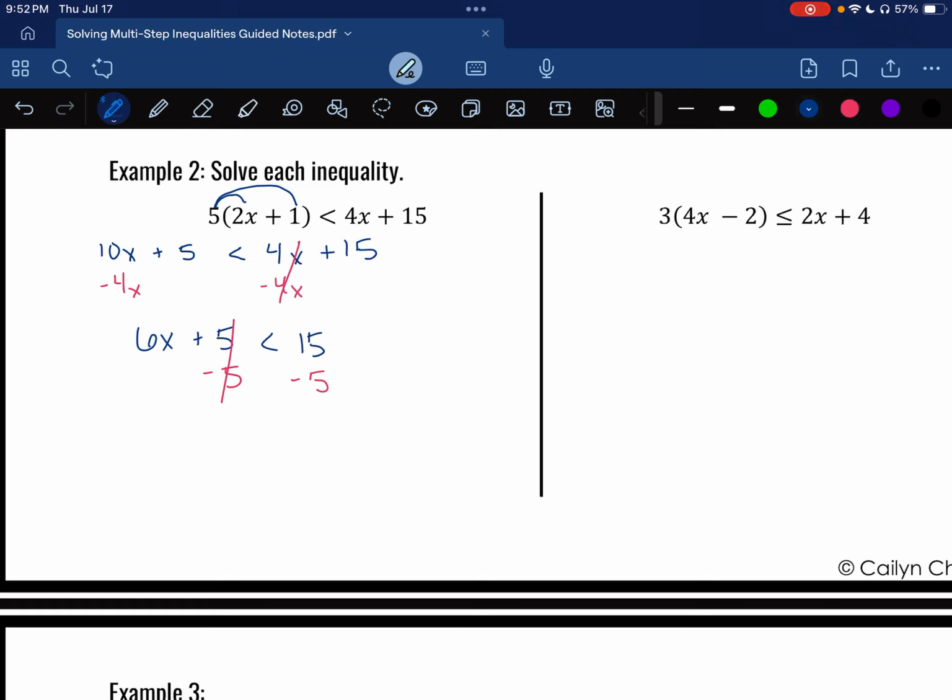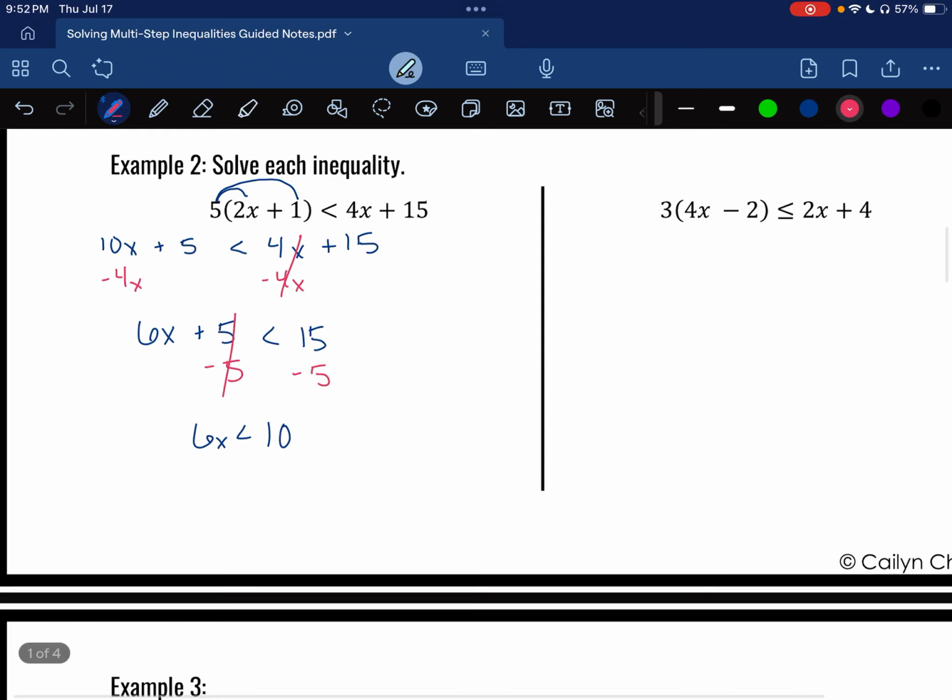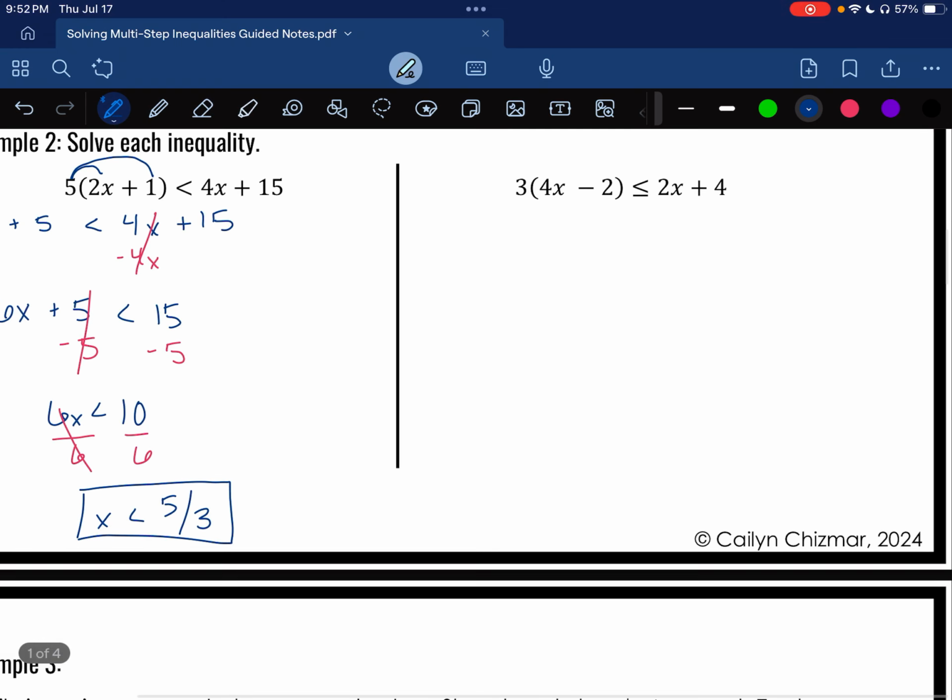Get 6x is less than 10, and this lost my x there. See, if you're not new here, you know I was talking about the scribble erase. That's what I meant. Only works when I don't want it to. And now we've got x is less than 5 thirds. With these not having a graph on, we're just focusing on the algebra here.